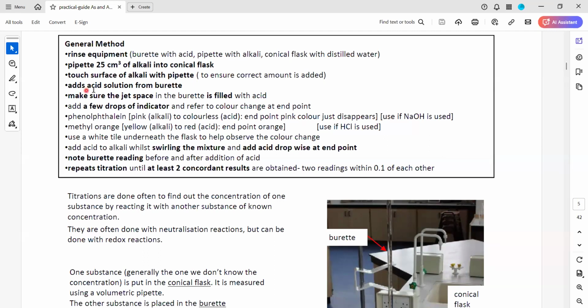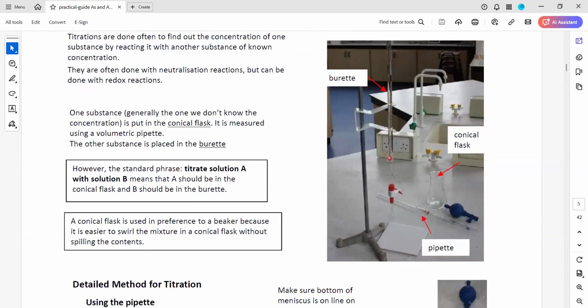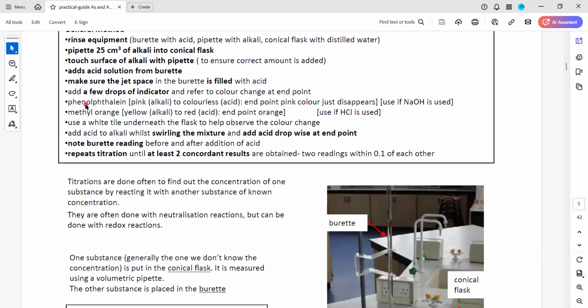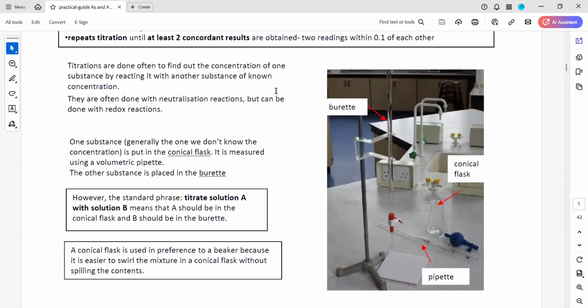Then add acid solution. For example, a burette is filled with an acid, and add a few drops of indicator as well. Make sure that the jet space in the burette is filled with acid. How can we make sure? Usually when you fill up the burette, you fill it from the top, so there is air present in the jet.